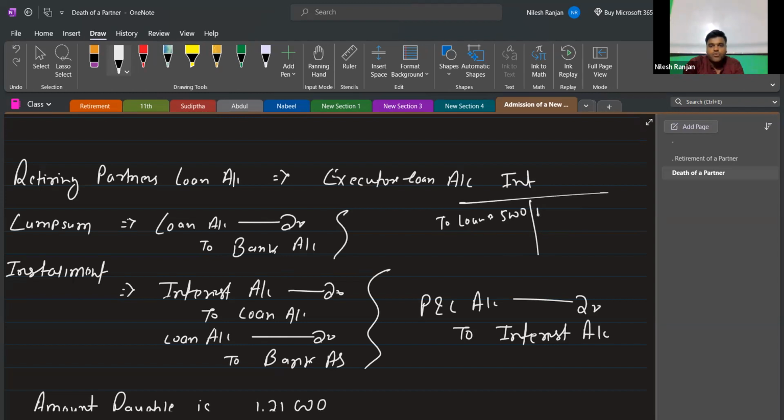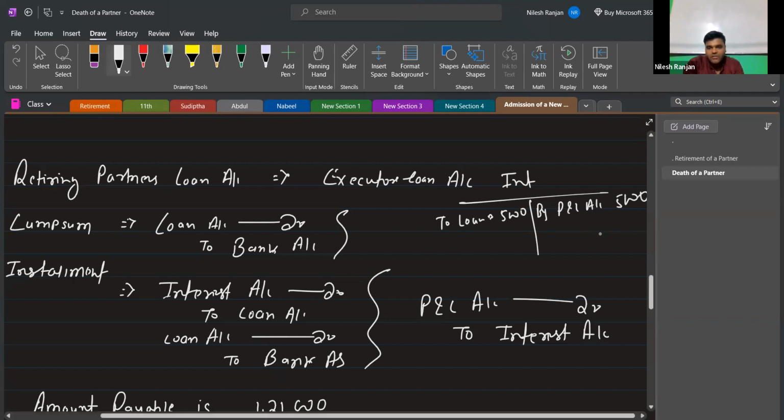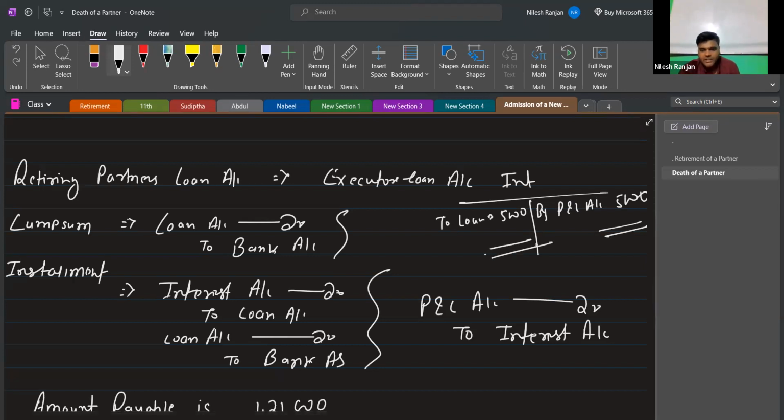That's why we have to transfer it to another nominal account, which is profit and loss account. So by profit and loss account, 5,000. Now there will be no balance in this account. Yes or no? Is this clear? Do you have any question in this concept? No, sir. It's fine.